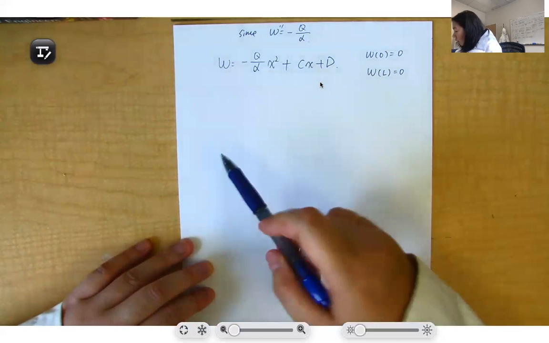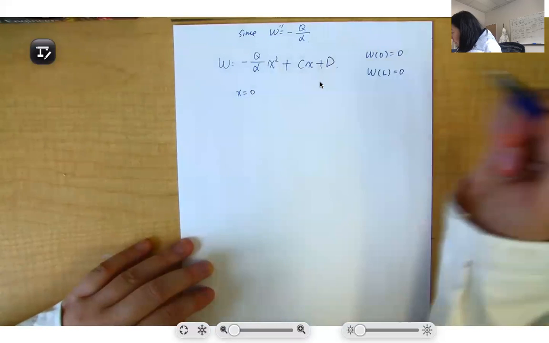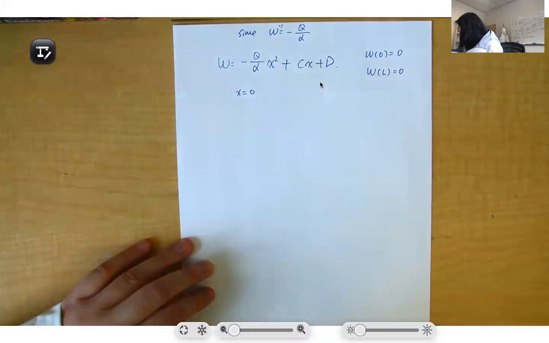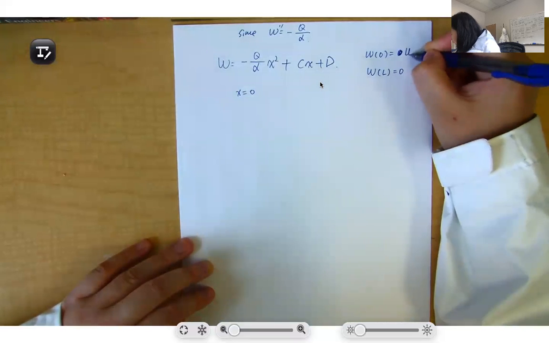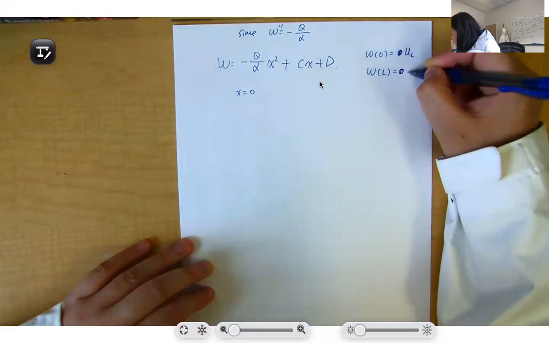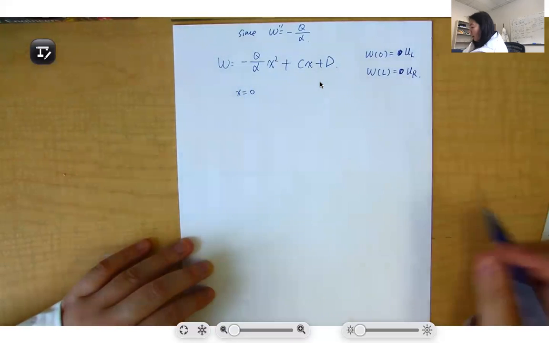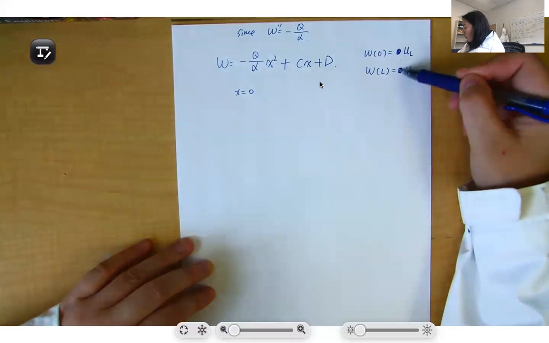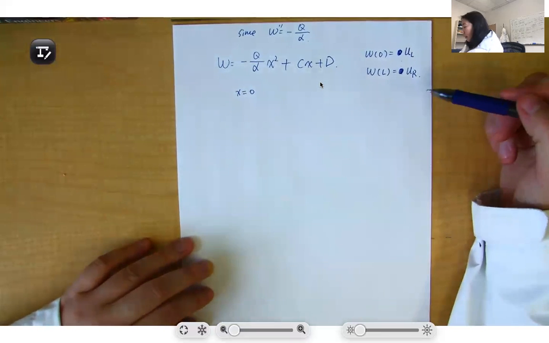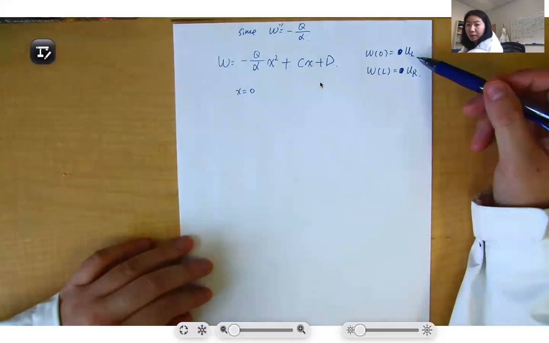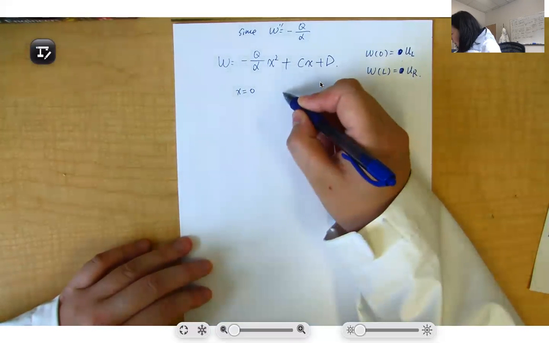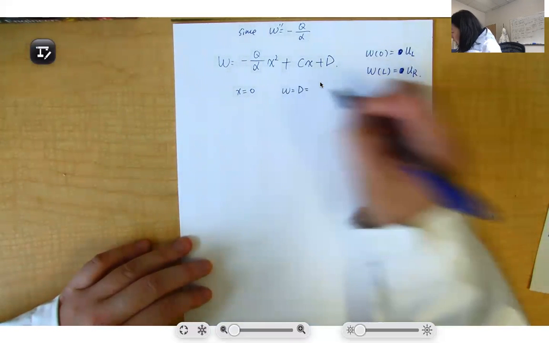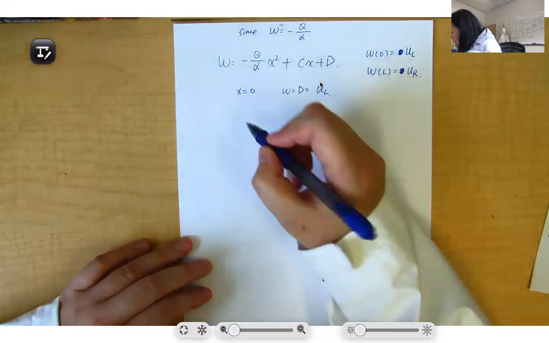So when x equals 0, w(0) equals U_L, the U_R, it's just a fixed temperature. It can be 0, but in general, it's a fixed temperature there. So when x equals 0, w equals D equals U_L.